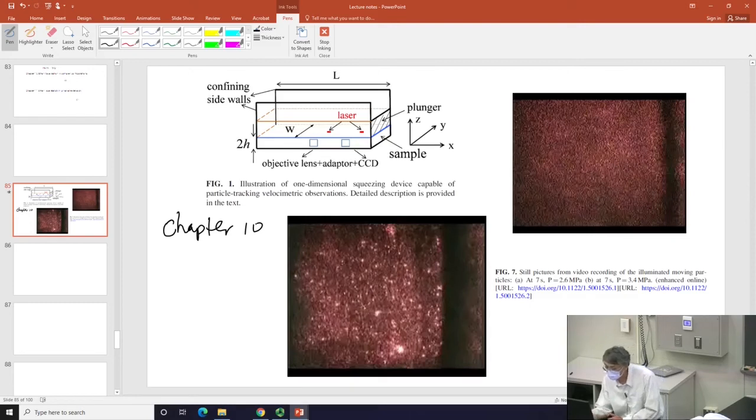I'm giving you one more example of building a device where you have a piston pushing your material in here out from the two ends. And if there's no slip boundary condition, this material will come out with a parabolic kind of profile, you can expect it to come out like this, because of no slip boundary condition.